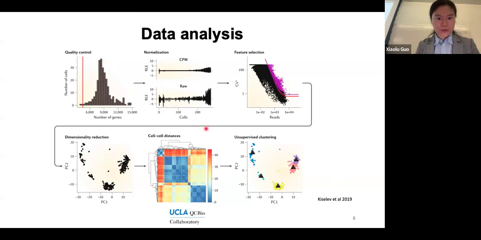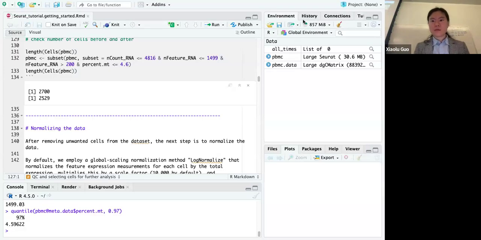Okay, so we can start. I uploaded the code yesterday, and let's open the R. So here is the code.